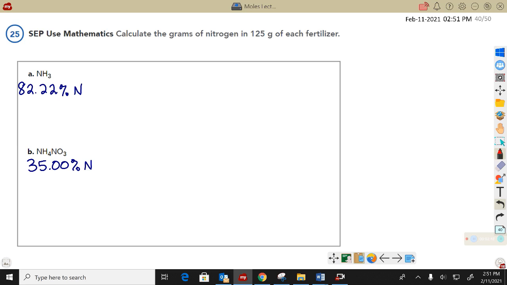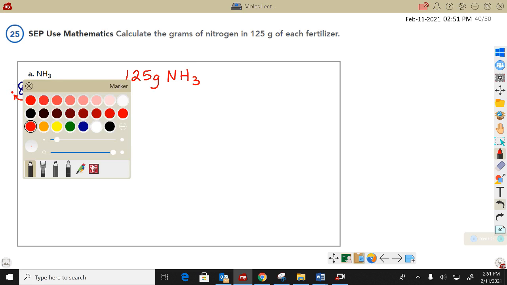Now here's my sample size. I have 125 grams. But how much of that mass comes from a particular element? There are two options. Option one is to just use your percent, but use it as a decimal. So if I had 125 grams of NH3 and 82.22% of it is nitrogen, then just move the decimal spot back.